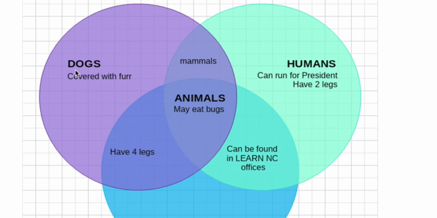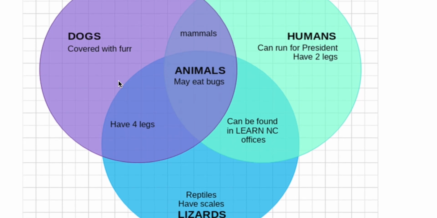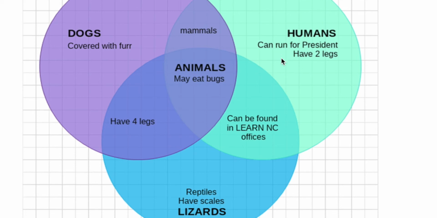In this case, dogs are covered with fur. Only dogs are covered with fur, right? So that's why it's here. For humans, they can run for president and they have 2 legs. And for the lizards, they are reptiles and they have scales, right?